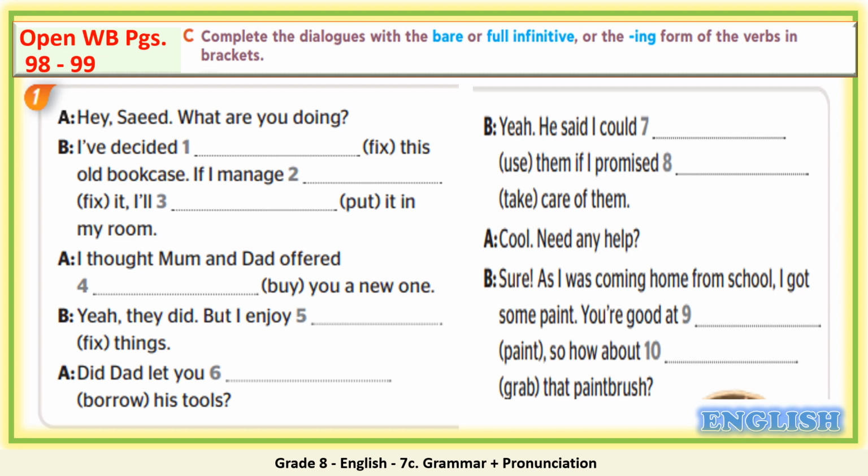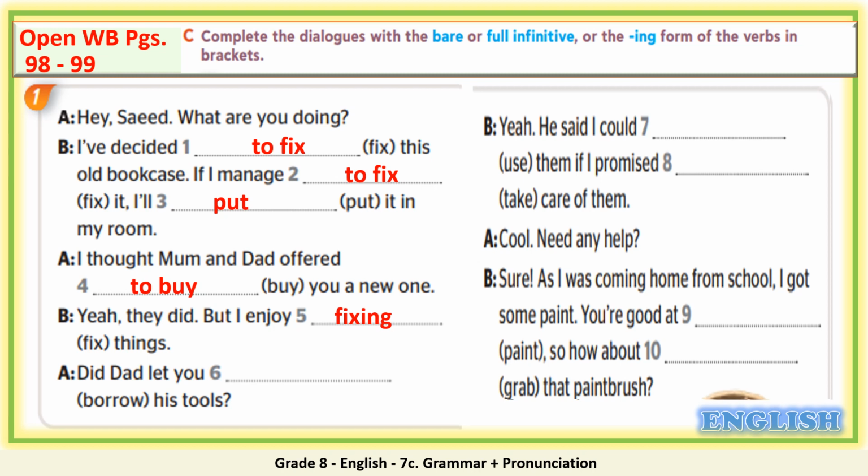Dialogue 1. Hey Said, what are you doing? I've decided to fix this old bookcase. If I manage to fix it, I'll put it in my room. I thought Mom and Dad offered to buy you a new one. Yeah, they did, but I enjoy fixing things.